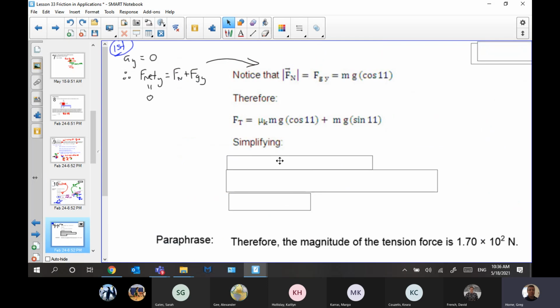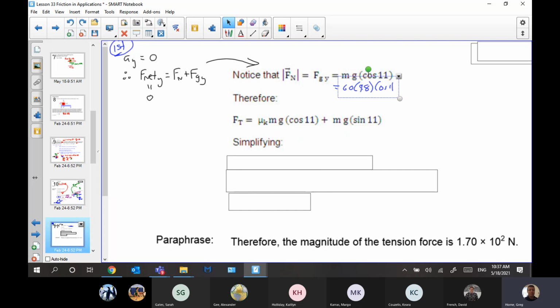So what I might do instead for you is show that this equation, let's think of this as a number, right? We've got the mass, which is, I'm trying to remember here, 60. It is 60. Times 9.8 cos 11. That's just going to be a number, right?